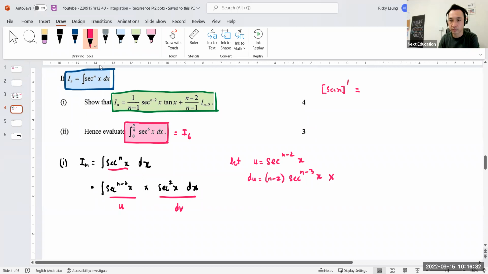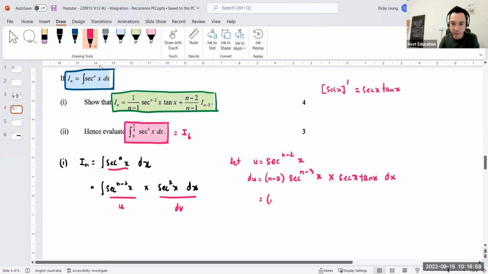That's sec x tan x. Don't know whether that's something people learn at school. It should be multiplied by sec x tan x dx, right? So then you can see there the sec x gets filled up. Now let me make sure that my algebra is solid. Perfect.